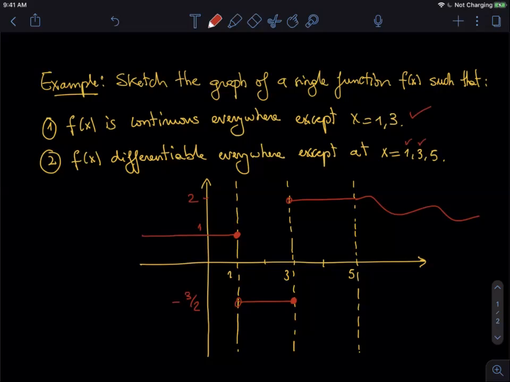Okay, so for differentiability, there are 3 possibilities. Either we have a discontinuity, or we have a corner, or we have an infinite slope, okay? Because the function has to be continuous, probably the best solution here would be to do a corner. So instead of what I drew, let's just continue with a line down, okay?